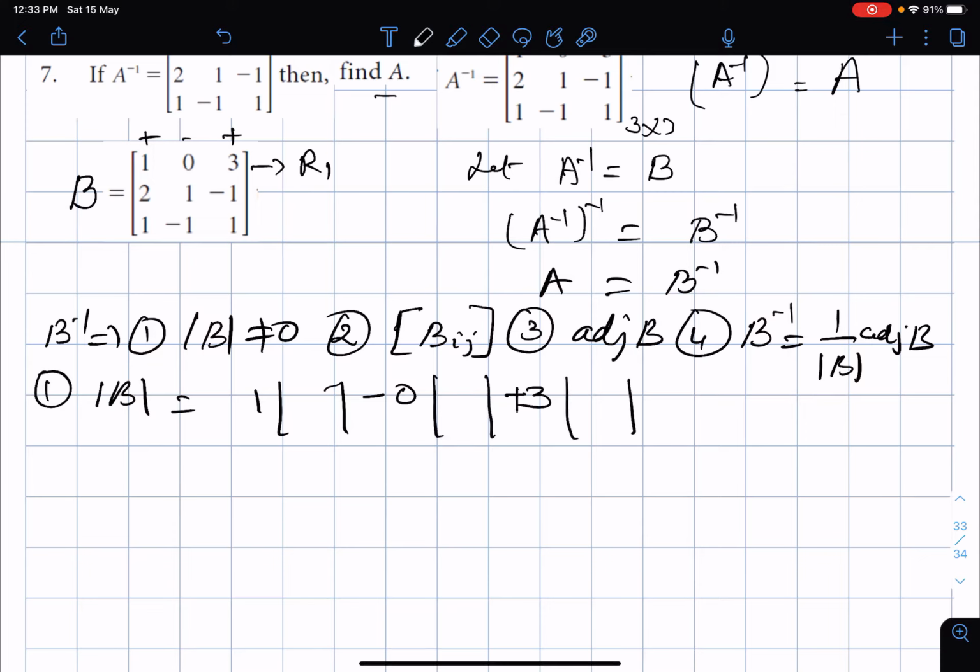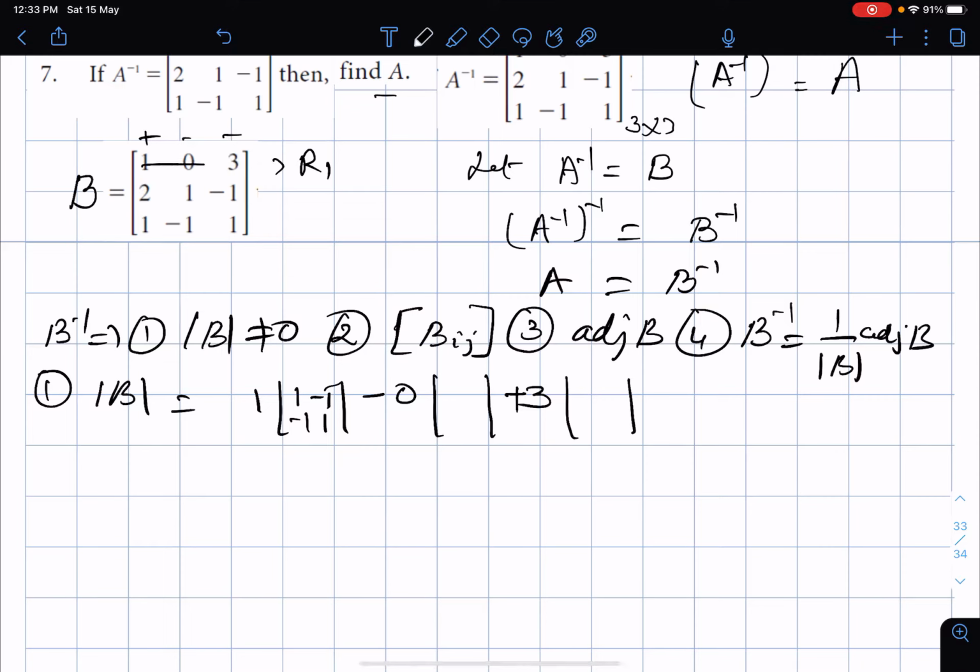Okay, now taking the first row, so first column and the first row you eliminate, you get the minor as 1, minus 1 and minus 1, 1. And second one is 0, so you need not write the minor because 0 into anything gives you 0. Now we shall directly go to our third element 3.